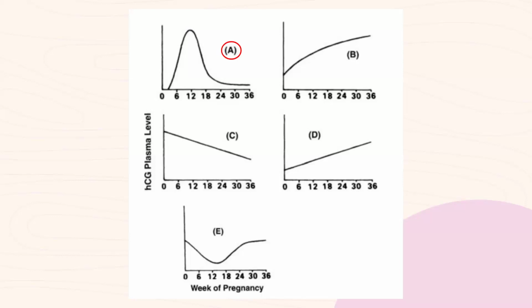So what happens instead is that the placenta takes over after some time. Once the placenta is more mature and a little bit bigger in size, it takes over and starts to secrete the hormone as well. So the HCG level would be really high here, but now the placenta itself has taken over secreting progesterone, so we don't necessarily need HCG anymore.